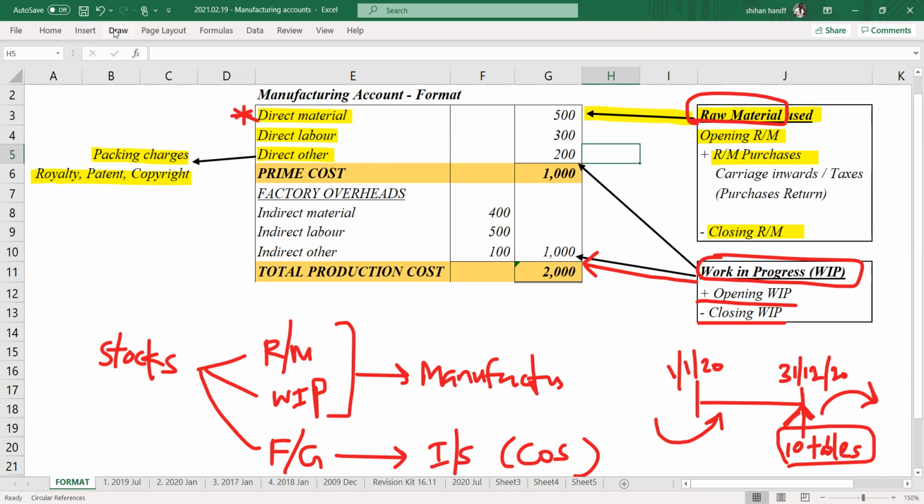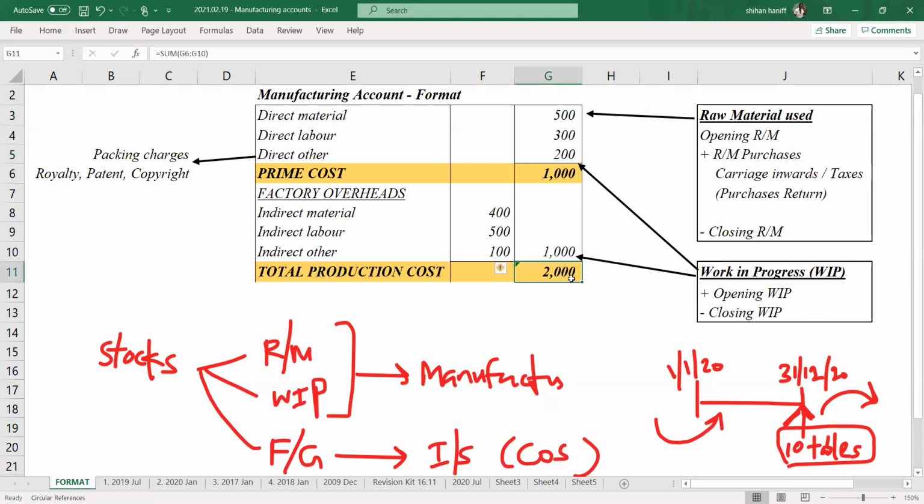So write work in progress: either we will adjust it before the prime cost or before the total production cost.